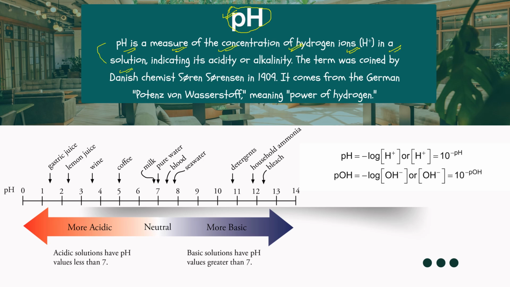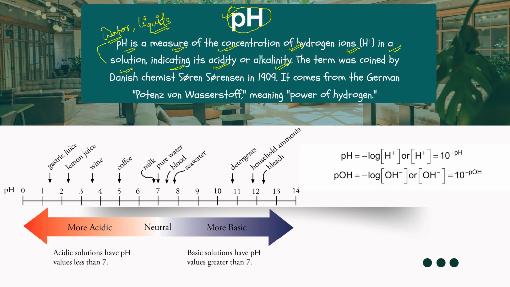This solution could be anything: water, some liquids, whatever it may be. pH is basically the measure of the concentration of hydrogen ions present in that solution, indicating its acidity or alkalinity.